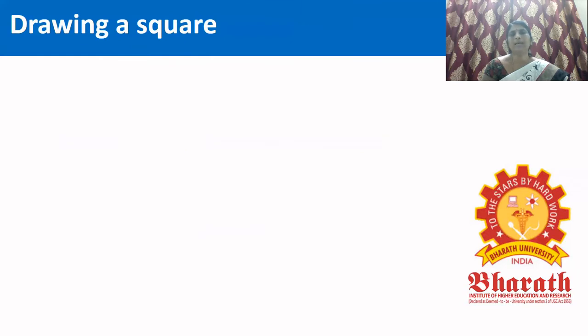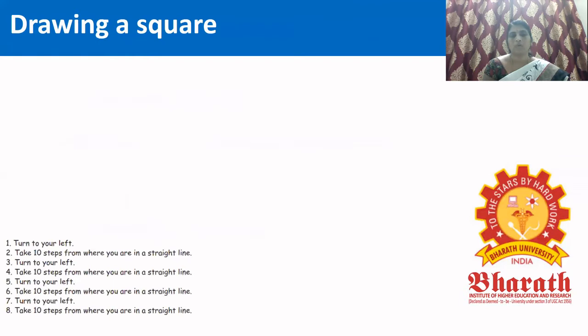Let us see an example for an algorithm. An algorithm is a step-by-step procedure to solve a problem. Now, we take the task of walking in the shape of a square. It is performed by a sequence of steps.